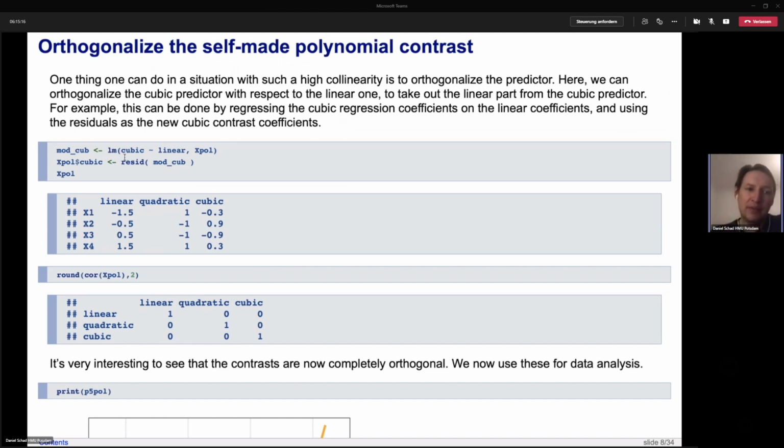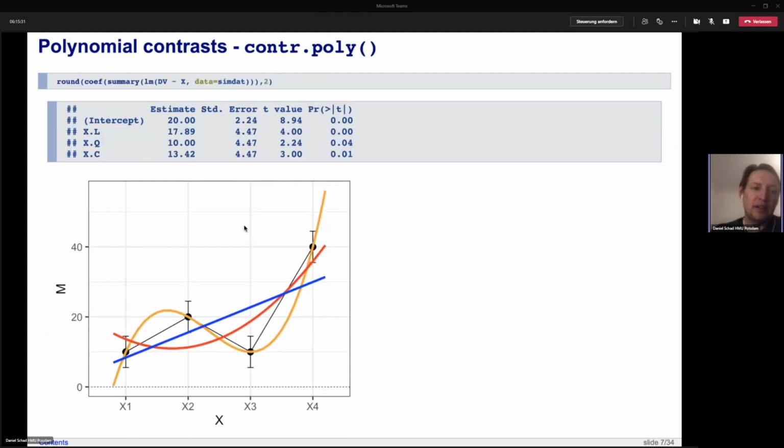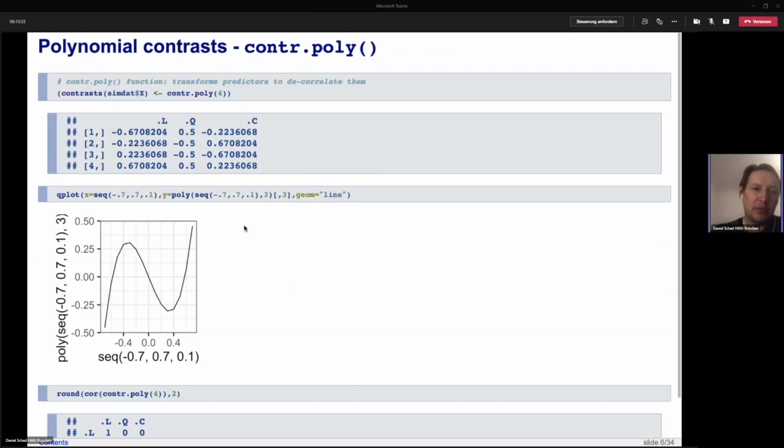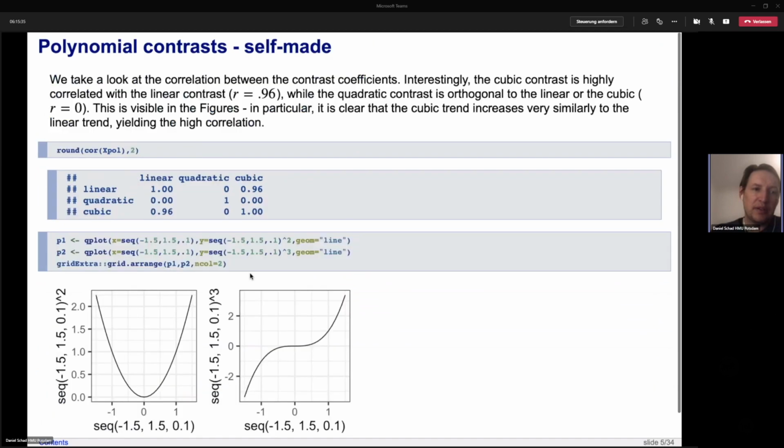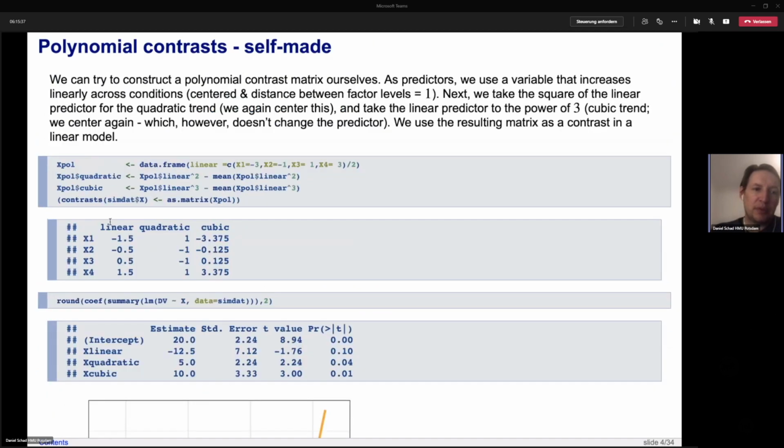What that means is that we take our contrast matrix and predict the cubic effect based on the linear effect. This is just a linear model based on this contrast matrix. Xpol is this matrix here that we defined at the very beginning.